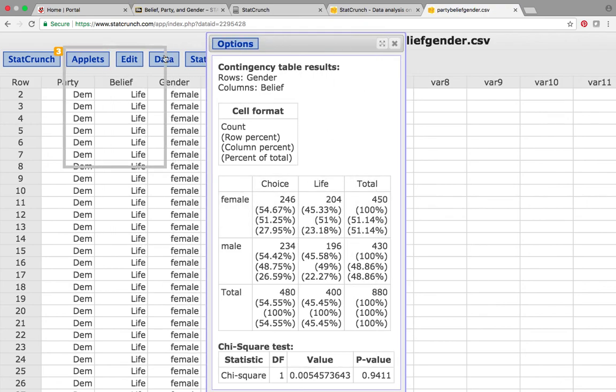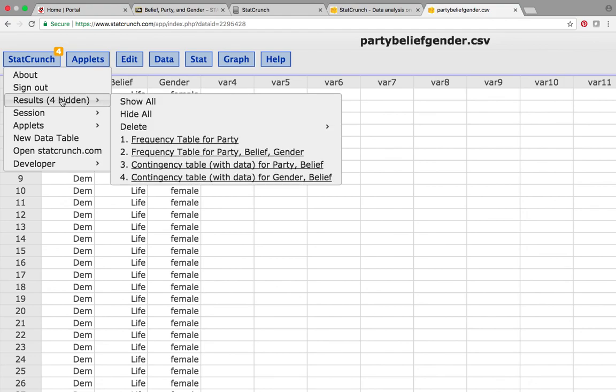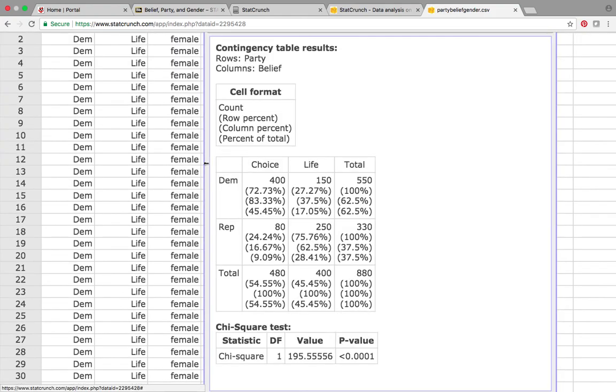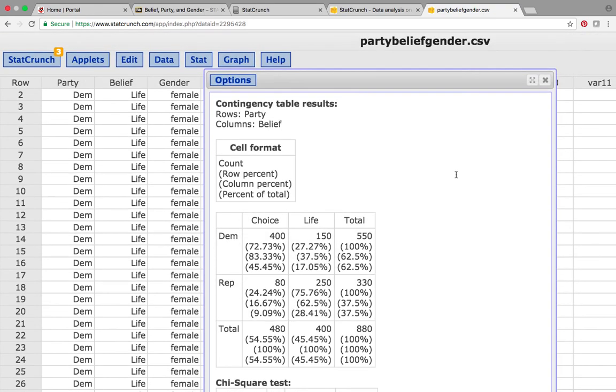On the other hand, if we go back and look at beliefs across political party, 83.3% versus 16.7% is a big disparity between those that are pro-choice. In fact, if you're pro-choice, very likely you're going to be Democrat. If you're pro-life, most likely you're going to be Republican. So we would probably get statistical significance there, but it's kind of irrelevant to talk about that now because I haven't yet taught that to you.